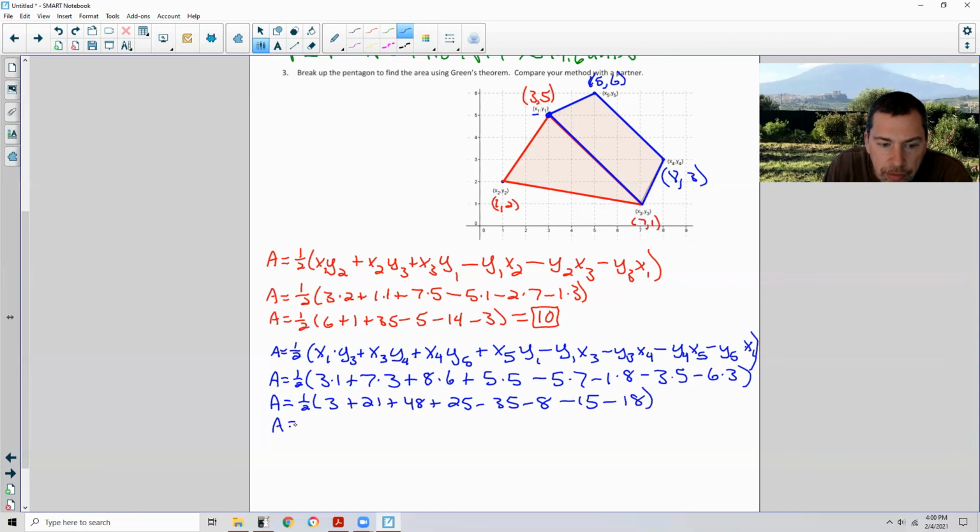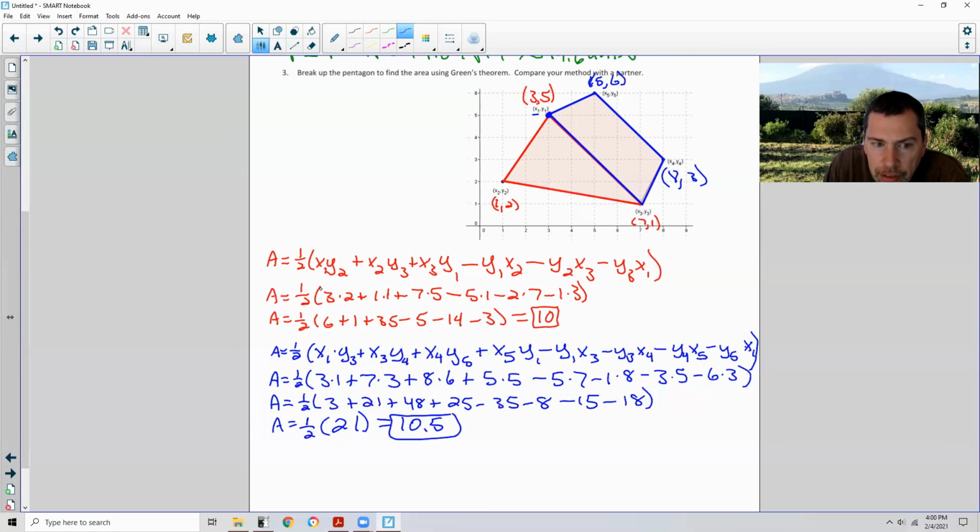So the area of the rectangle, or, not rectangle, quadrilateral is 1/2 of 21, which equals 10.5.